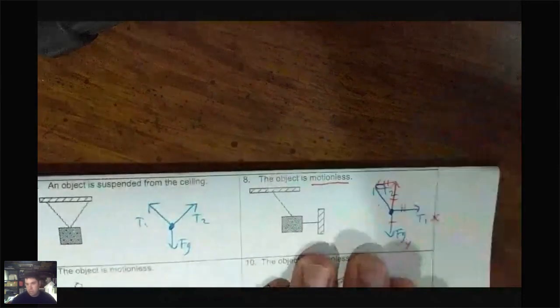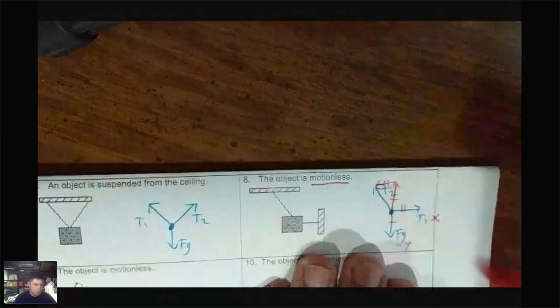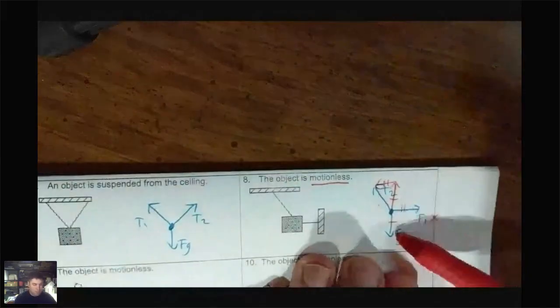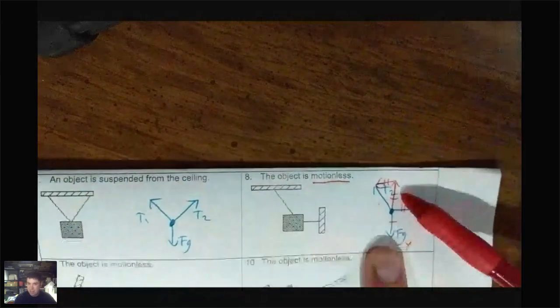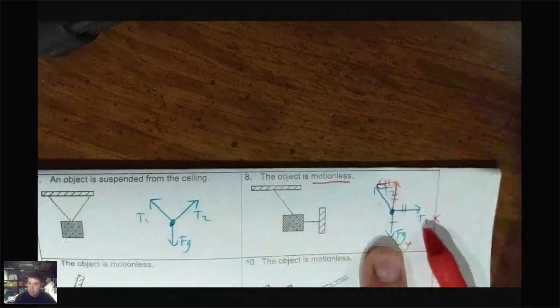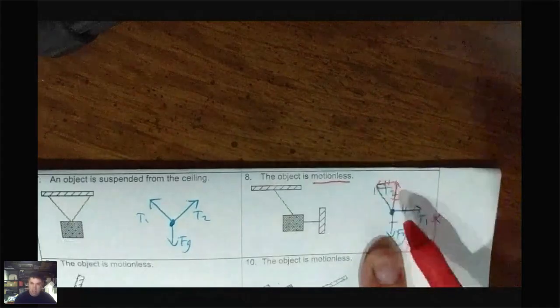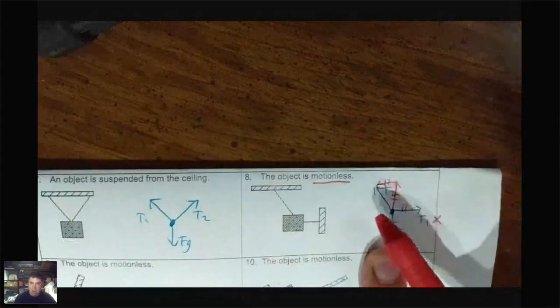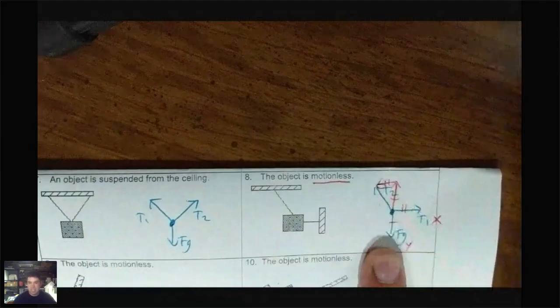horizontal force. All right, so you have a right triangle here where one leg is equal to the weight of the object, the other leg is equal to the horizontal force, and in a right triangle, the hypotenuse always has to be the longest side.